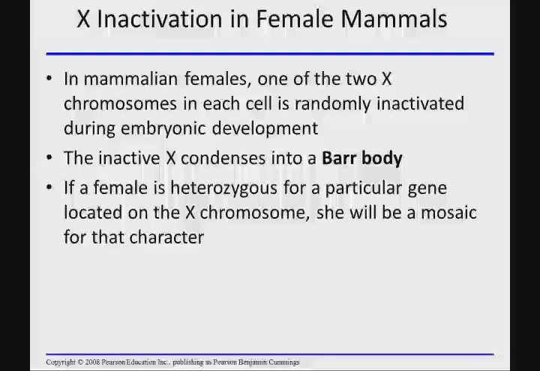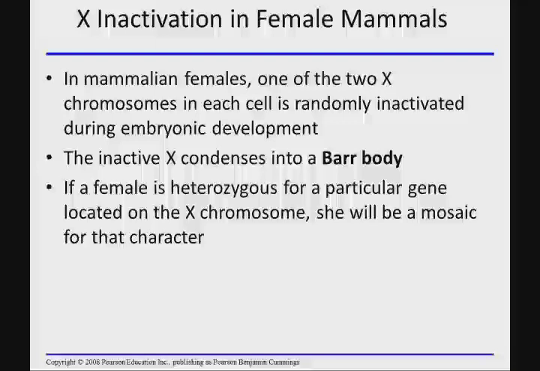Now, clearly not all of the genes on the inactivated, or Barr body, chromosome are completely inactivated. Otherwise, the sex-linked inheritance wouldn't work out like it does. But it becomes a very interesting factor, because Barr body formation occurs randomly during embryonic development.